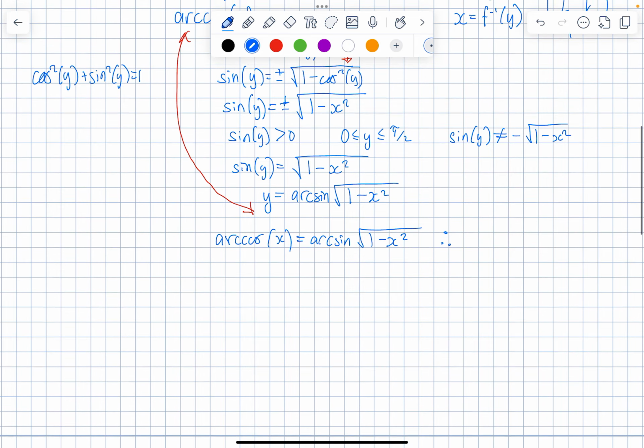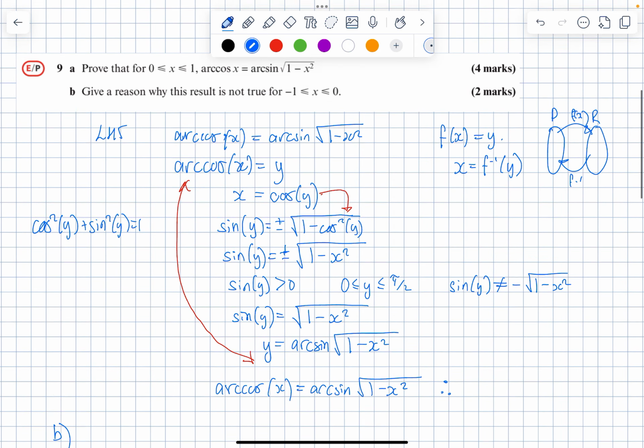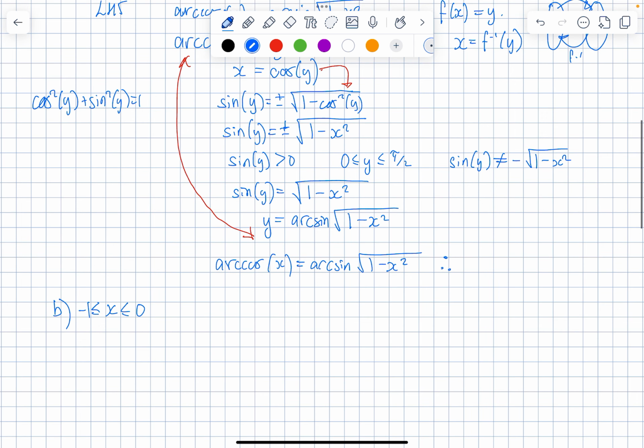Right, now part B. It says give a reason why this result is not true for x between -1 and 0. So we know that arc cos of x is defined between 0 and pi.